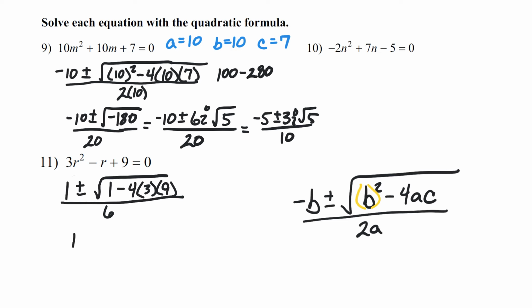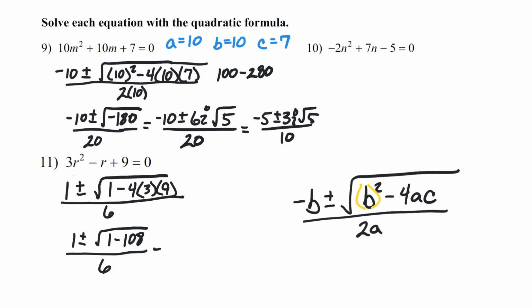So we have 1 plus and minus the square root of 1 minus 108. 4 times 3 times 9 is 108.